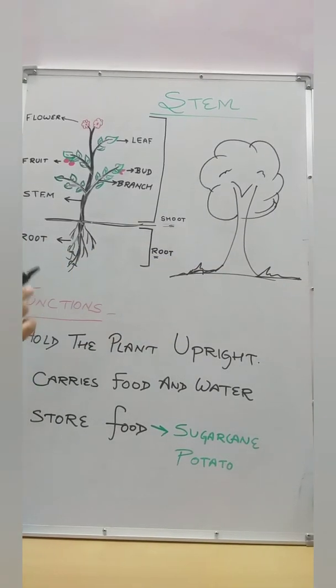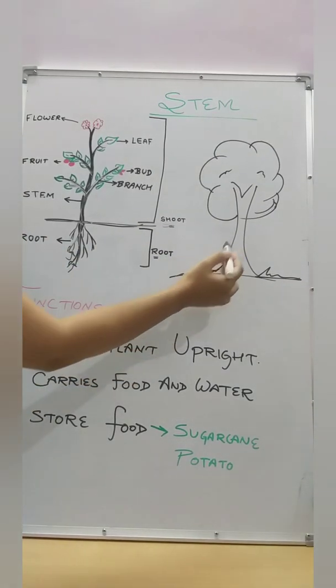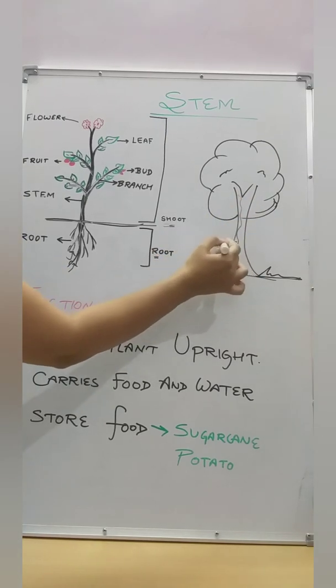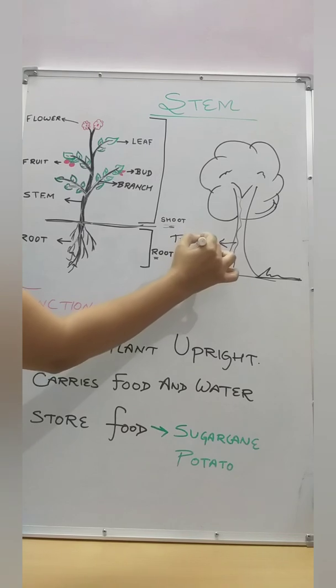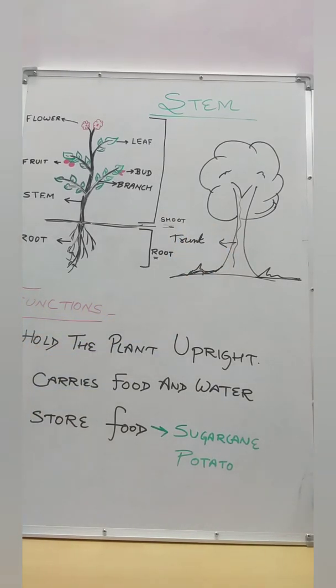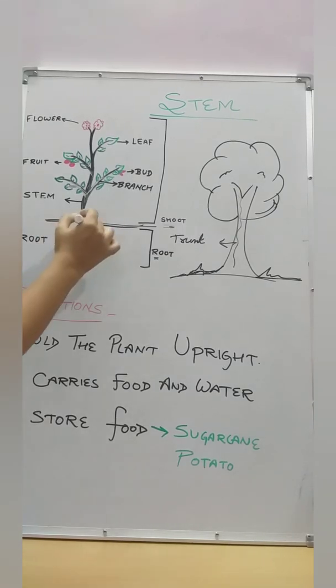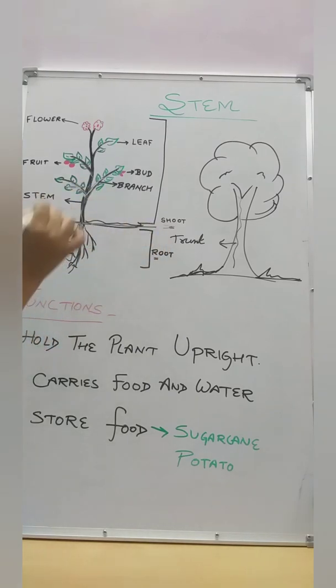They have a thick, hard and woody stem, and this thick, hard and woody stem we call the trunk. It is the trunk of a tree. Some plants are there like money plant. They have a very weak stem. Climbers have a very weak stem. They either need support to grow or they grow along the ground only.